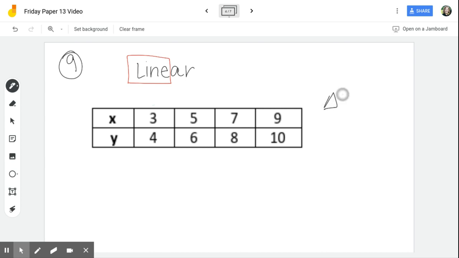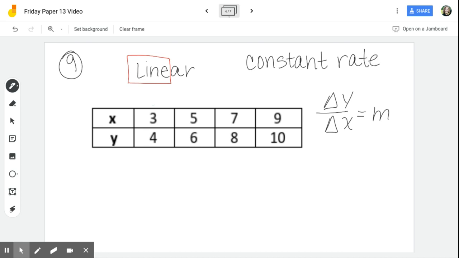That, as you know, change in y over change in x is my slope. If there's a constant slope, if we have a constant rate of change, right? That's just another name for m, which is slope.